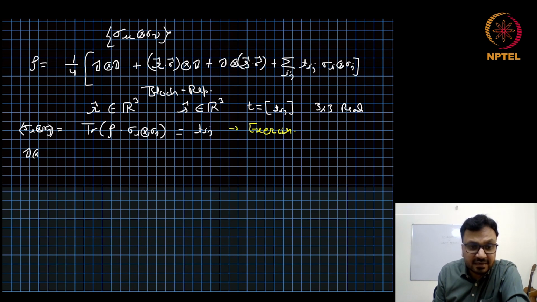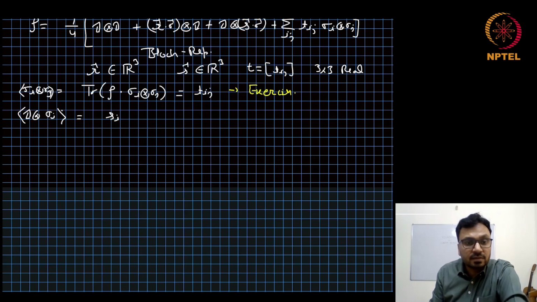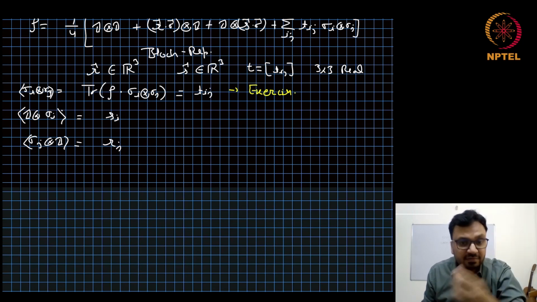Similarly, we can see that the expectation value of identity tensor sigma i is S_i. Sigma j tensor identity has expectation value R_j, and identity tensor identity has expectation value 1.